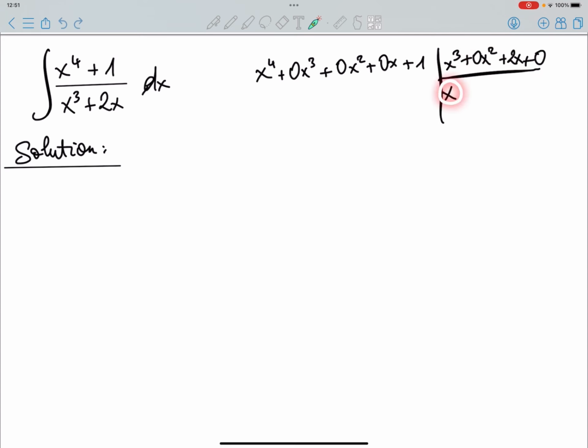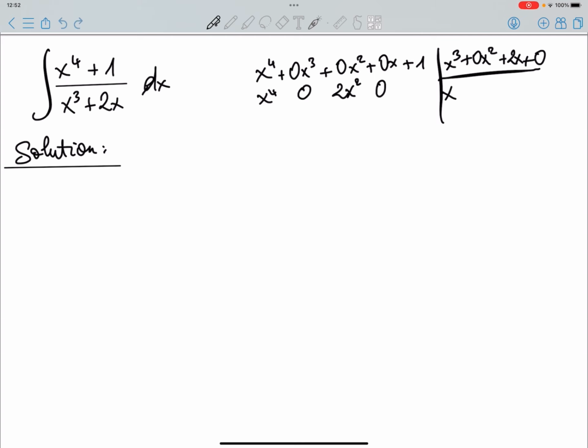So we have x times 0, which is 0, so we write it down here. Then we have x times 2x, which is 2x squared. And then x times 0, which is 0, and then x times x cubed, which is x to the fourth.